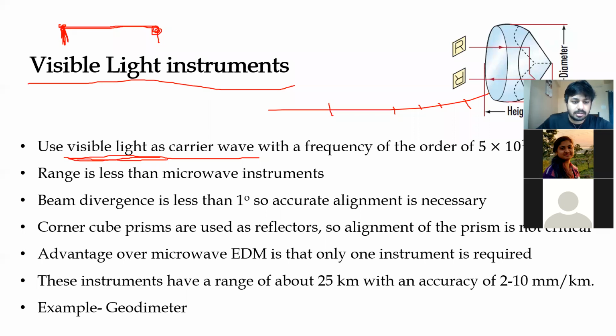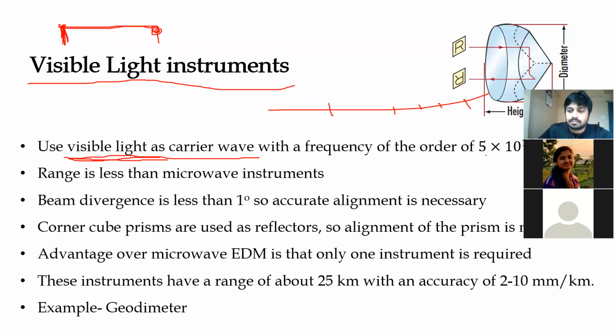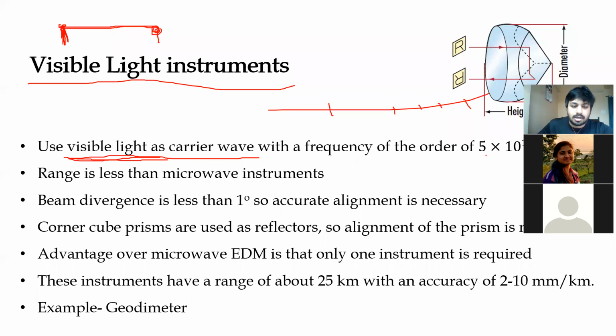Those waves are used as the carrier wave, with a frequency of the order of 5 into 10 to the power 14 hertz. Their range, meaning up to what distance it can measure, is less than microwave instruments, but we have some advantages.